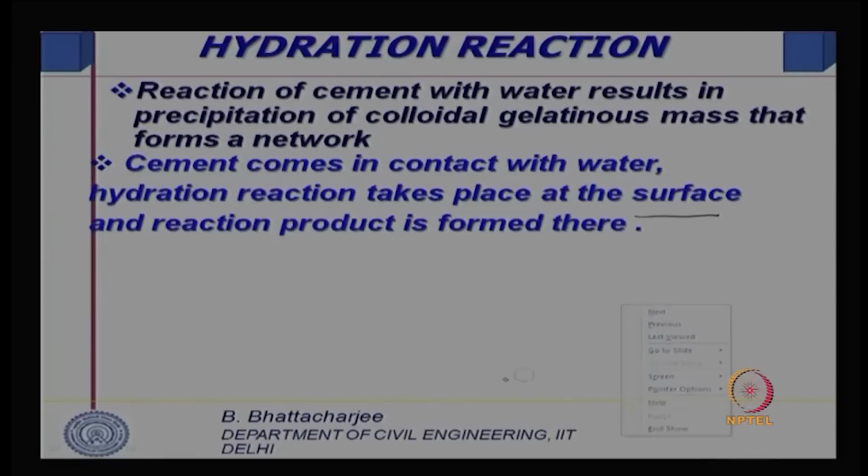We have a diagram which I will come to. Cement particles may be clogged, but if you can disperse them so they are separated from each other, the water comes in contact at the surface, the reaction takes place there, and products are deposited at the surface.